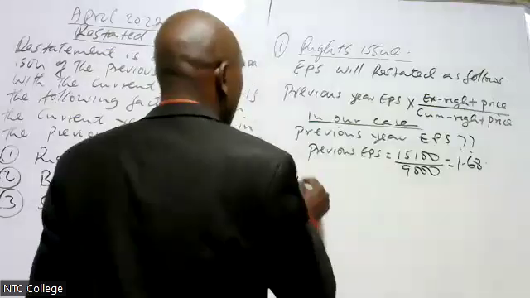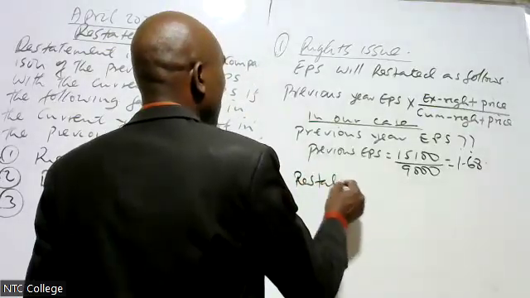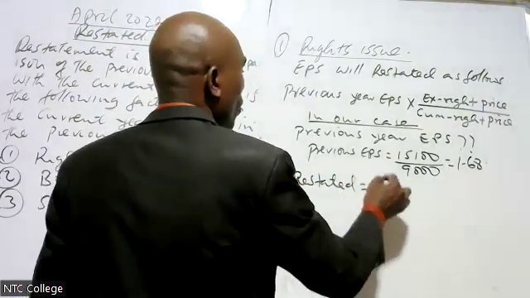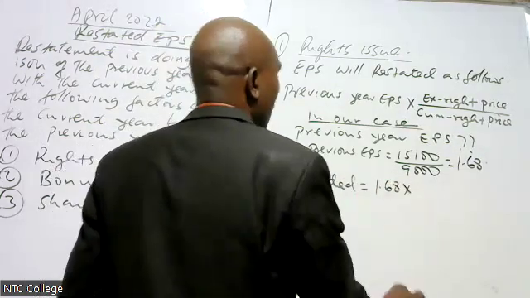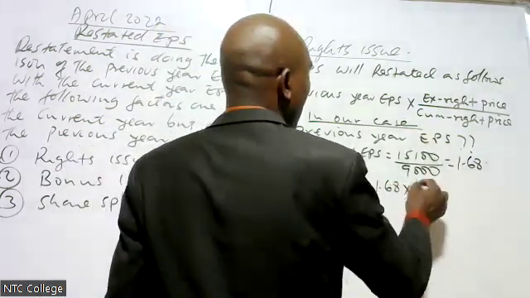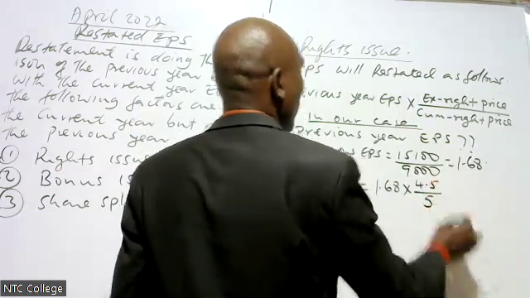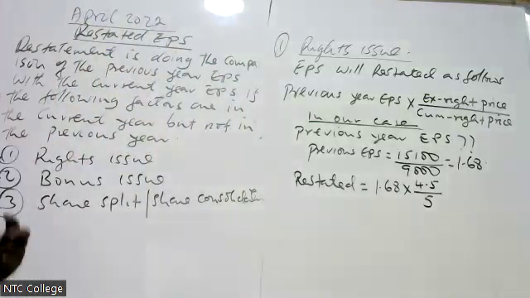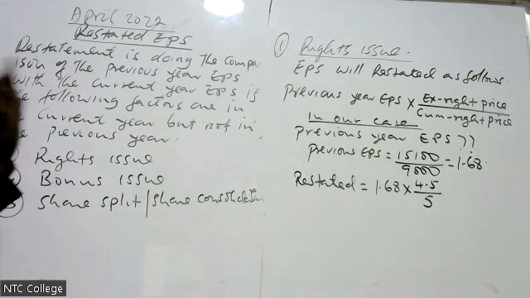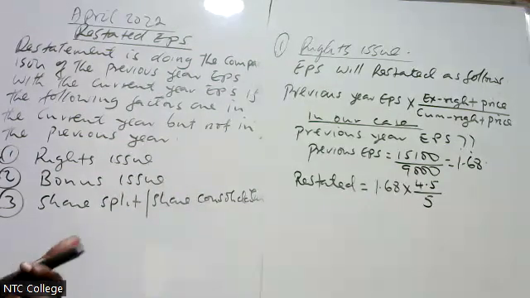Then I come to restated EPS equals 1.68 times. My X right price was 4.5, we have computed. Cum right price was 5. Cum right price means the price before the rights issue. We call it cum right. X right we computed. Therefore, I compute the restated EPS there.